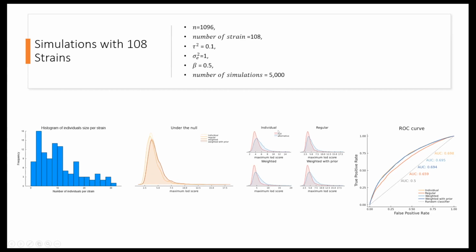And here we apply the different scans. In blue, we have the one with the fixed effect. And from this information, we are able to get a ROC curve and the AUC. So the closer the AUC is to 1, the stronger the statistical power.